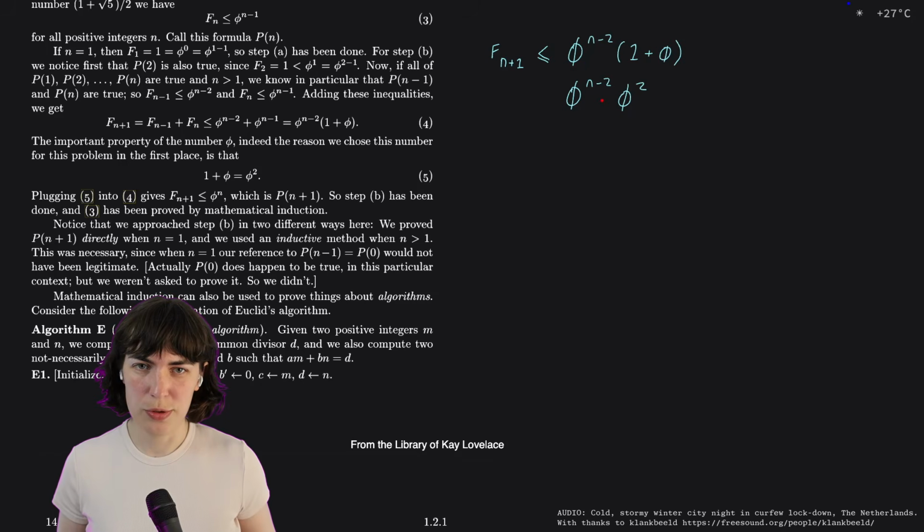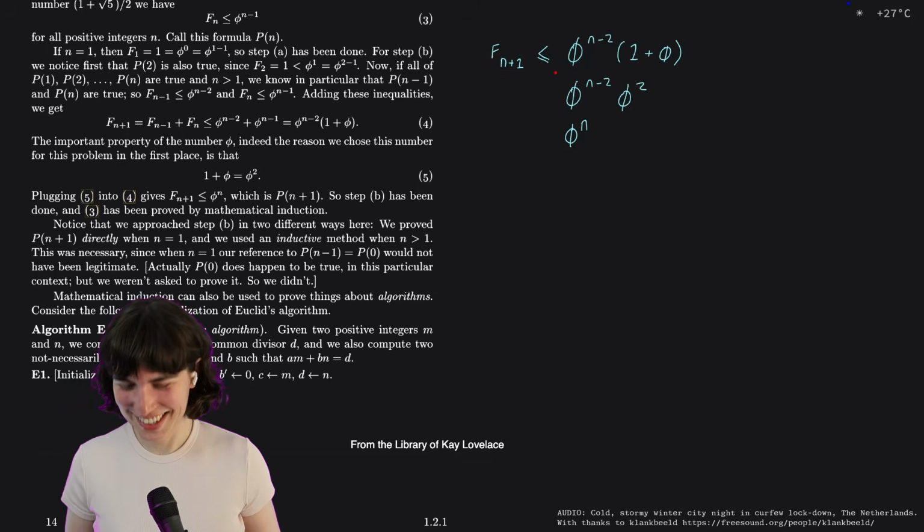And as before, since we're multiplying these, we get to add the exponents together. And so we get phi to the power n. Because we've got n minus 2 and then 2 here, so n minus 2 plus 2 is going to be phi to the power n, which is kind of cool. Mathematicians like to call it an equation. Okay, great. I've heard that term somewhere before.